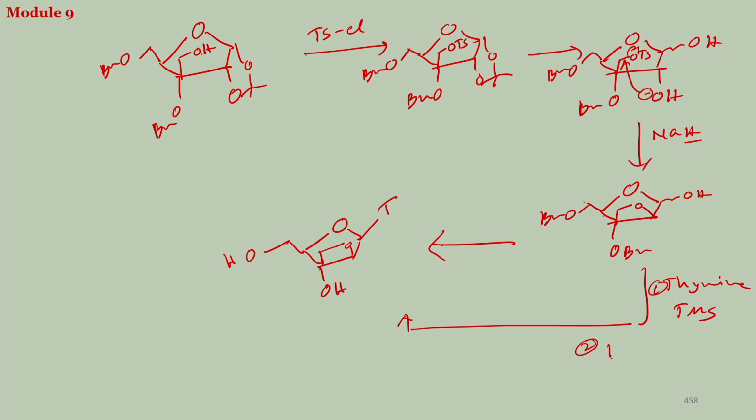Number 2 is the deprotection of all the protecting groups. That will roughly give you the monomer, and then you can make this DMT as usual, and make the phosphoramidite, making it suitable for the DNA coupling.